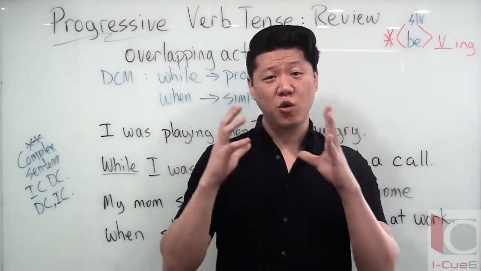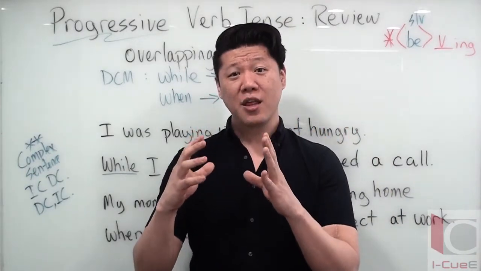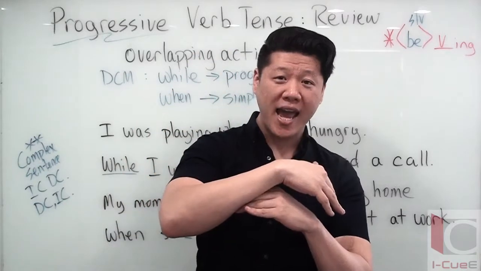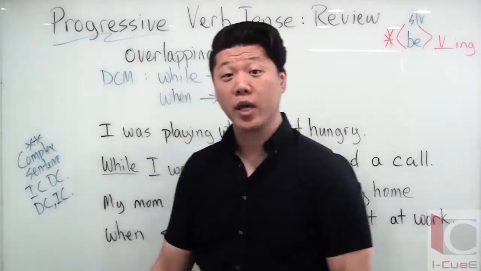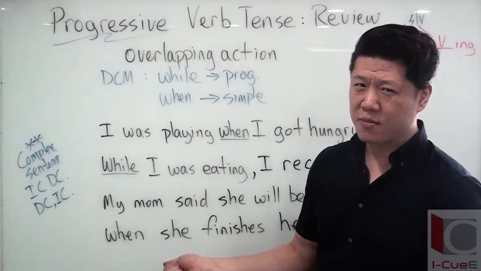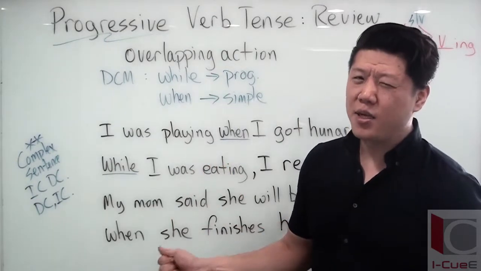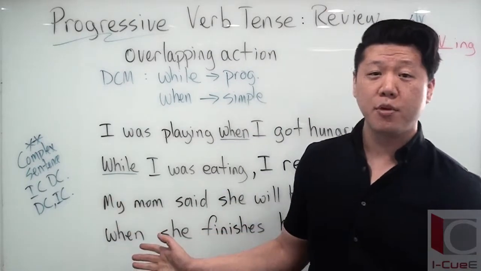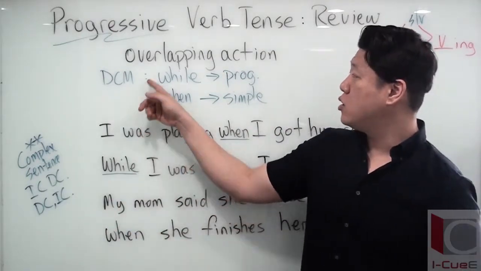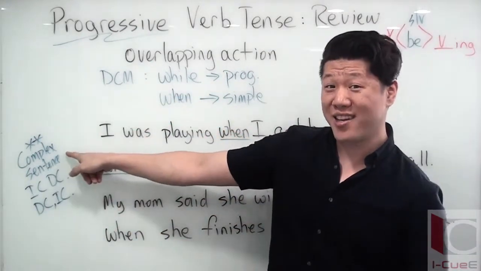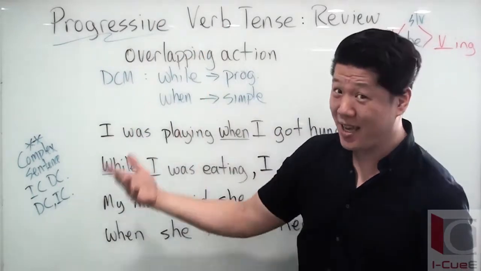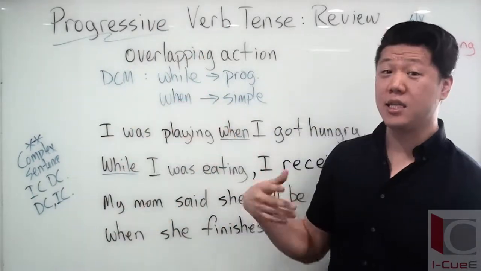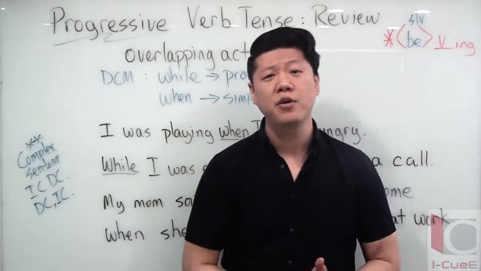So in the future, when something happens, then the next overlapping action will be the action of going home, in this case. It could still be confusing. I hope it's not too crazy for you, but just look at the example again. Remember that if you're going to use the overlapping action complex sentence with the progressive verb tense, you need to use the correct DCM. But just remember the simple facts.